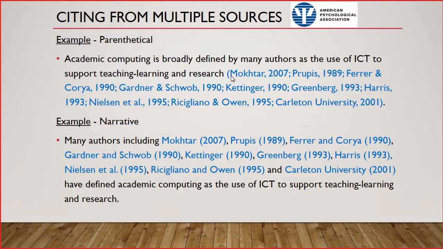So how you cite is that in the first paragraph, at the end of the last sentence, before the full stop, you put open bracket, Mokhtar, 2007, close bracket, full stop.